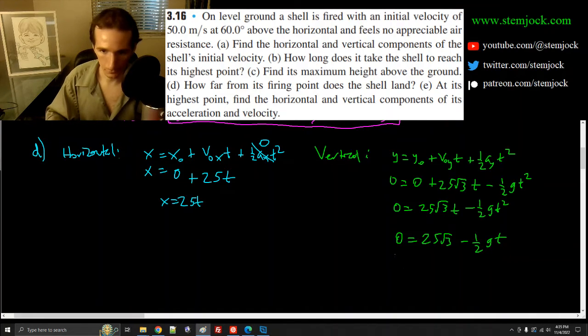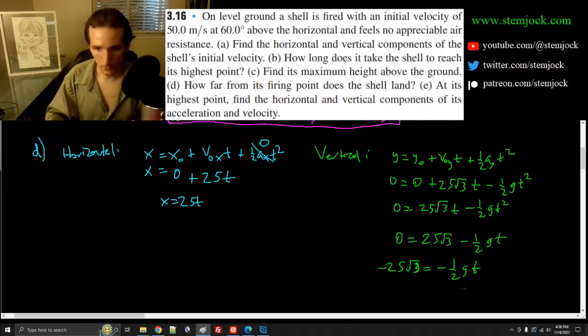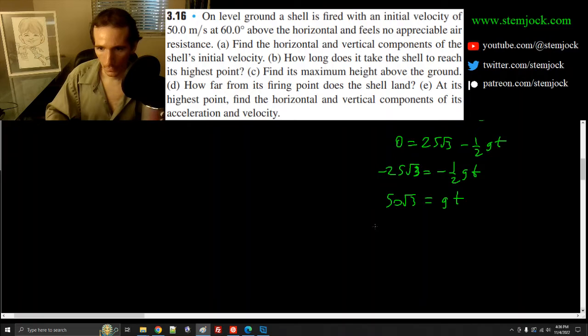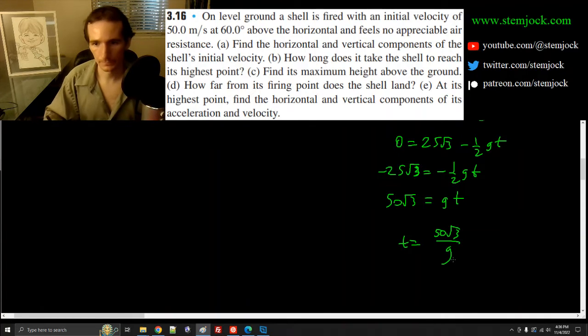Bring the 25 root 3 to the left side to get negative 25 square root 3 equals negative 1/2 g t. Multiply both sides by negative 2. 50 square root 3 equals g t. And now to solve for t, I divide both sides by g. So t is 50 square root 3 over g.